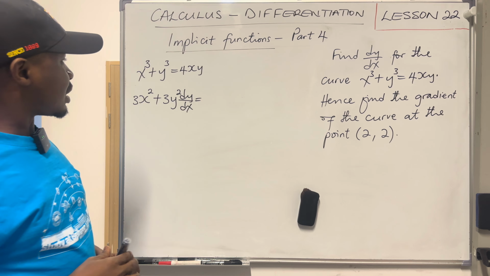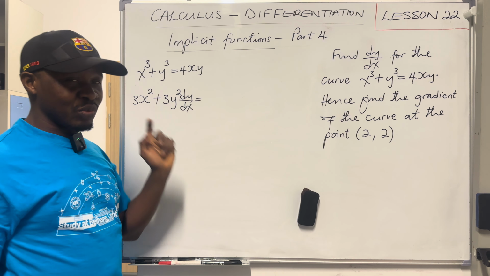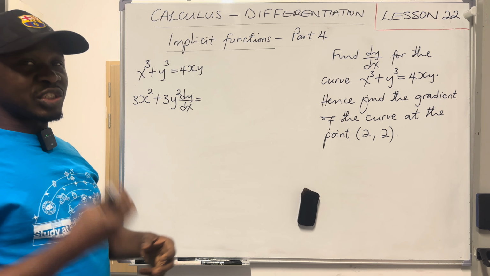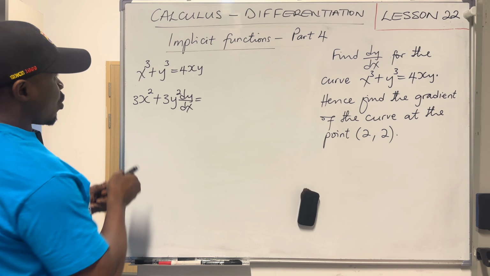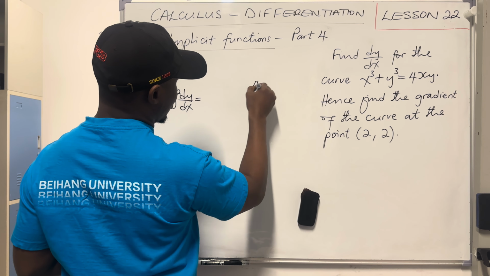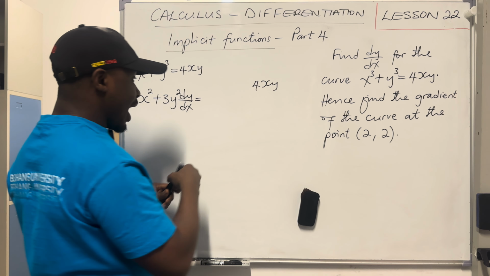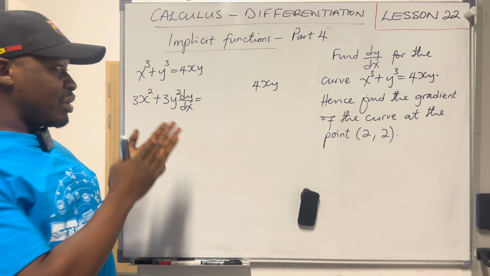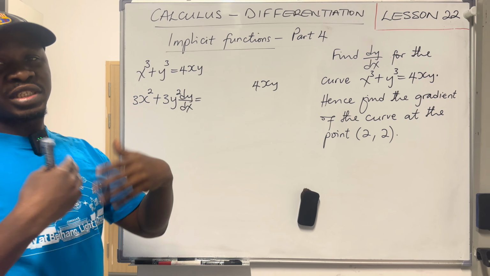Two different cases. When you differentiate y, you are charged dy dx. When you differentiate a term that comprises xy, you differentiate it twice. Now I want to differentiate 4xy. Any term that comprises xy, you differentiate it twice. You differentiate x, later you differentiate y.